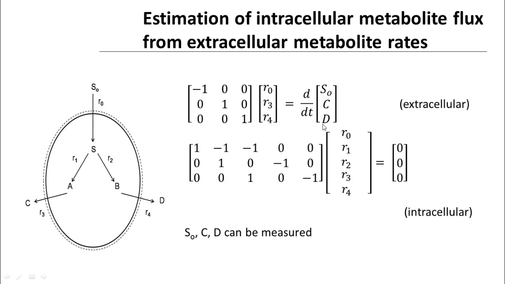You take points at reasonably closely spaced time intervals, then you can actually get the rates of variation of S0, C and D in the extracellular space. Knowing the rates of S0, C and D, let us say our interest is in estimating R1 and R2. That is what we said here: estimation of intracellular metabolite flux or rates from extracellular metabolite rates.